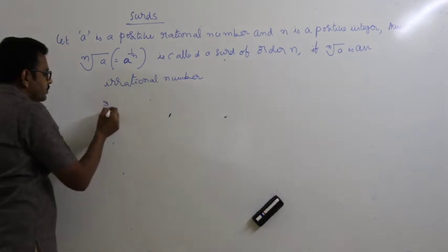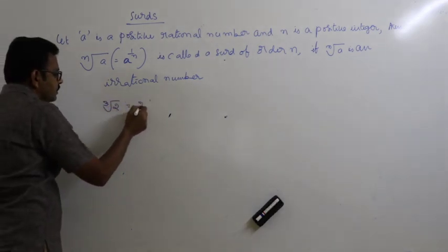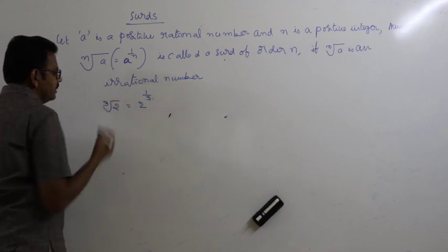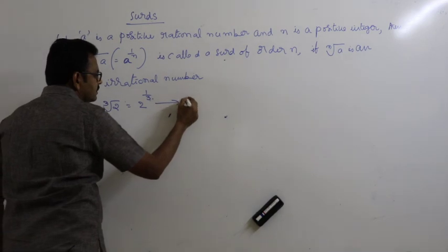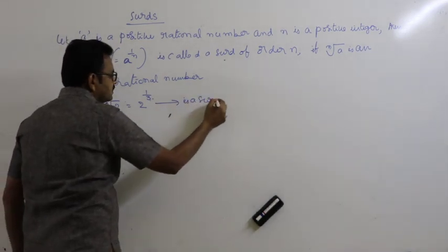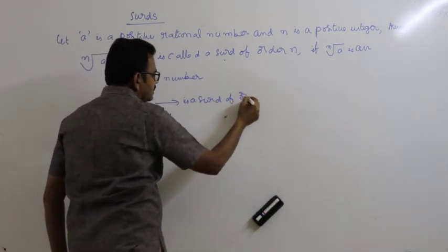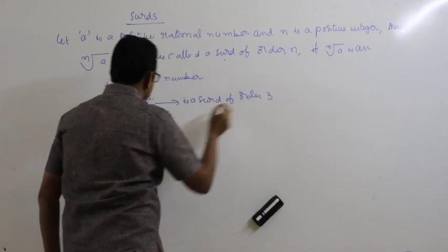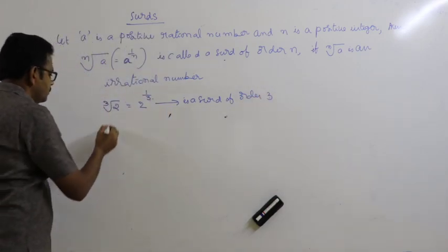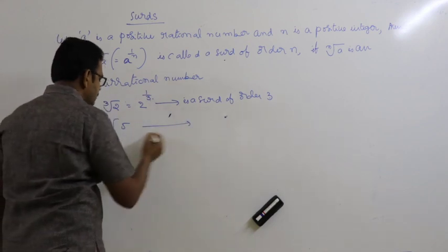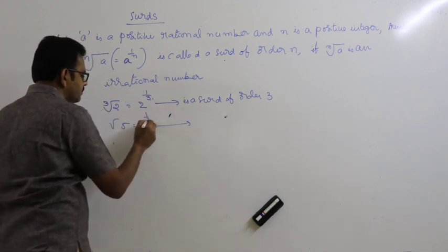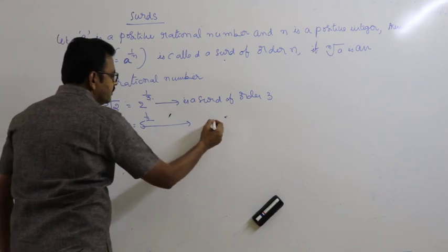For example, cube root of 2 is equal to 2 power 1 by 3. 2 power 1 by 3 is a surd of order 3. Root 5 means 5 power 1 by 2 is a surd of order 2.